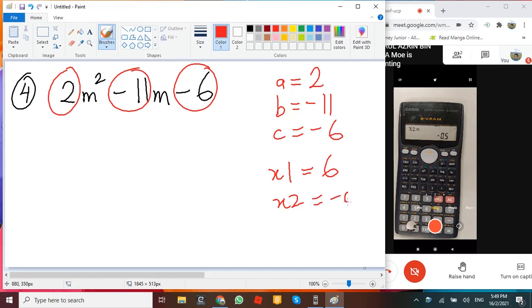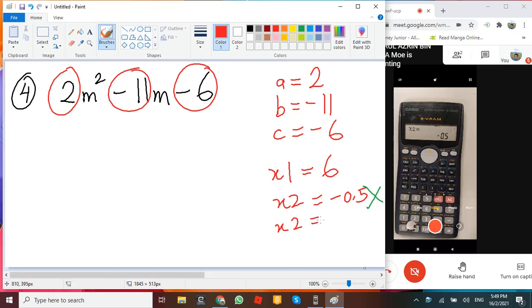Actually, answer in decimal we don't want. We want answer in fraction only or integer. So we should change negative 0.5 to fraction.